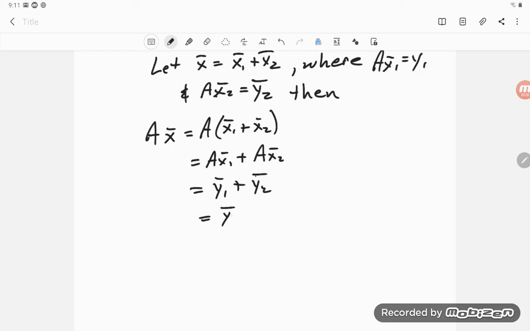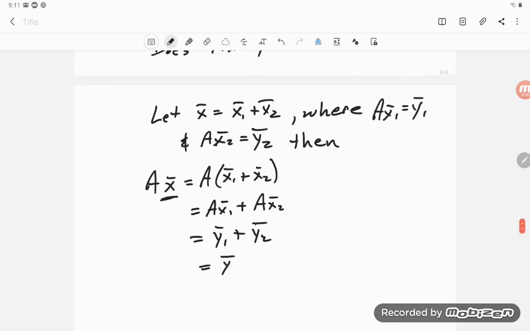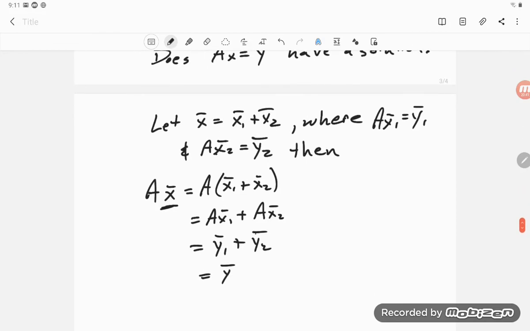And so you see I can get y from that linear combination of the columns, using that vector x. And so, great, that was number 2.